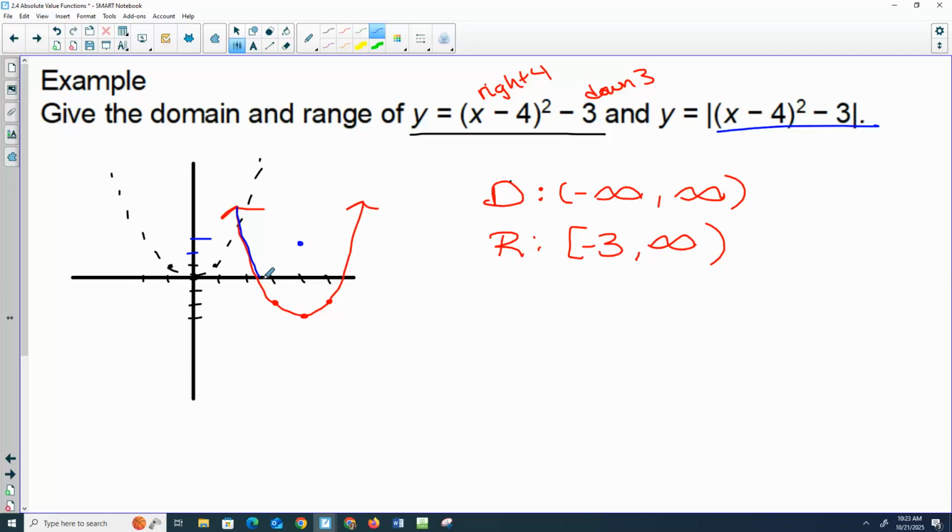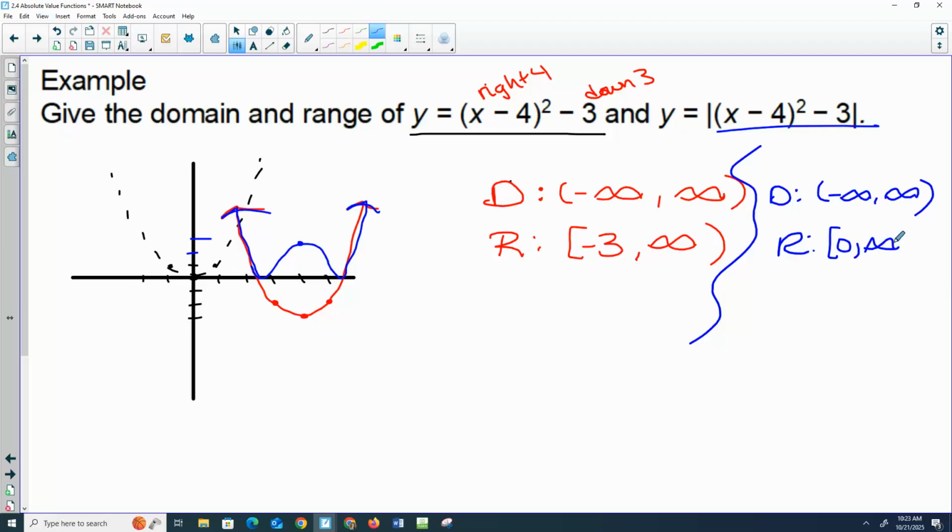So your graph would really kind of bounce up like that because it's only positives. What would be the domain of that one? Yeah, it doesn't change the x's. The only thing that changes is the y's. We can no longer get out negatives. So my range would be 0 to infinity. You can only get out positives.